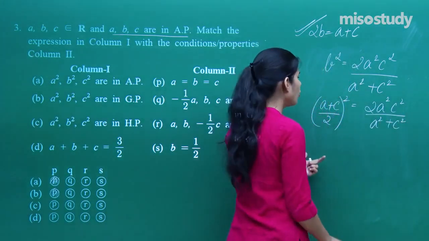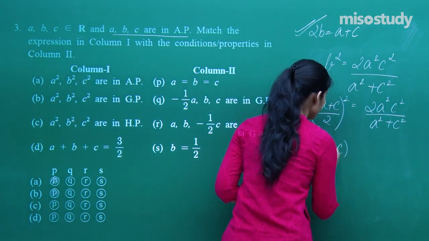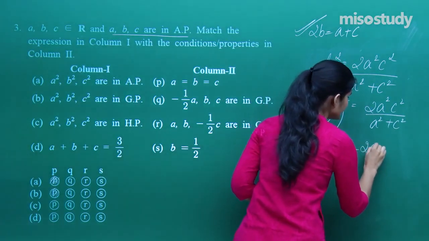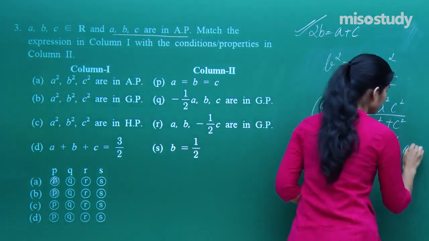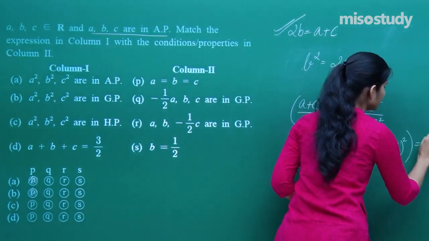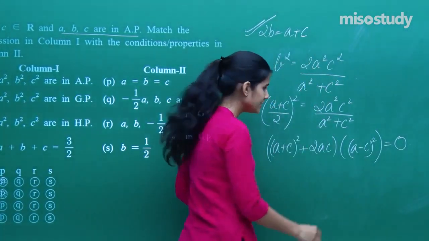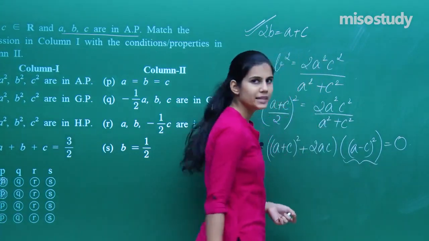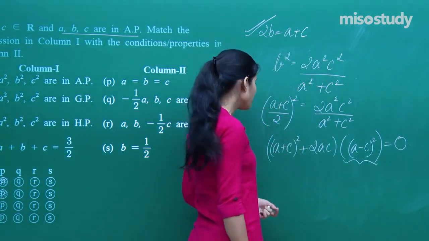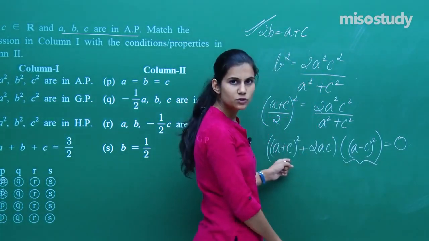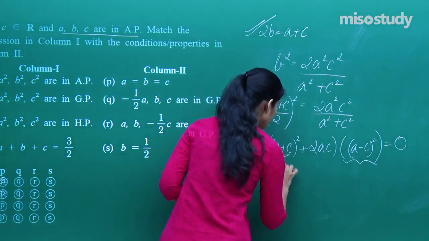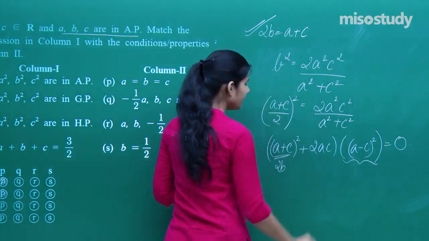Fine. Now when you simplify, you get A plus C whole square plus 2AC multiplied by A minus C whole square equals 0. Again you get either A equals C, which eventually would mean A equals B equals C, or if this is equal to 0 means what? A plus C will be replaced by 2B.